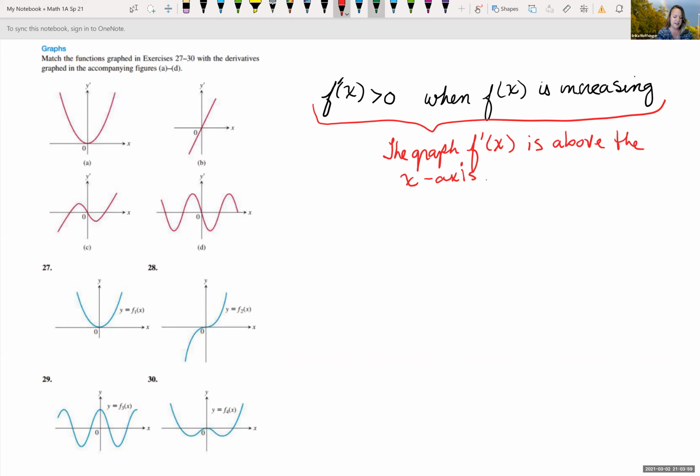If we find that our function is decreasing, so looking at where our function is decreasing, that would tell me that the derivative, because that's a slope, if the function is decreasing, the slope is less than 0. So the derivative function f prime of x is less than 0 when f of x, our original function, is decreasing.